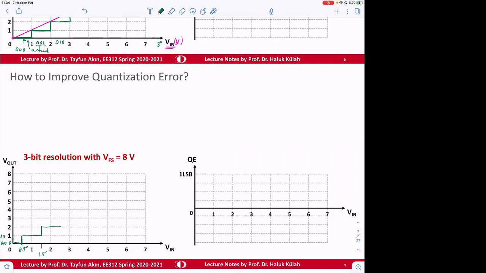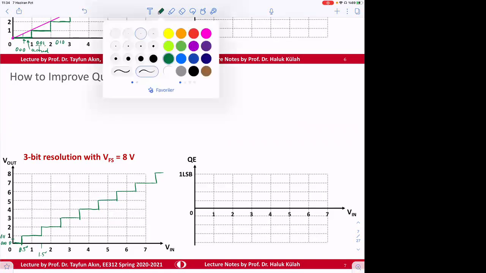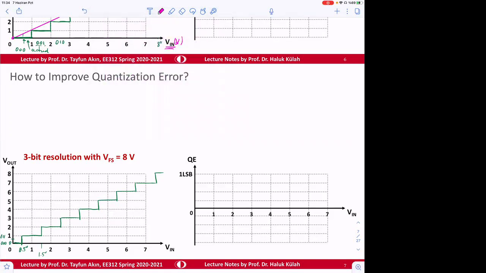So if we do this, switching at the midpoint, then this will be slightly better. Why? I mean, let's draw the actual graph.